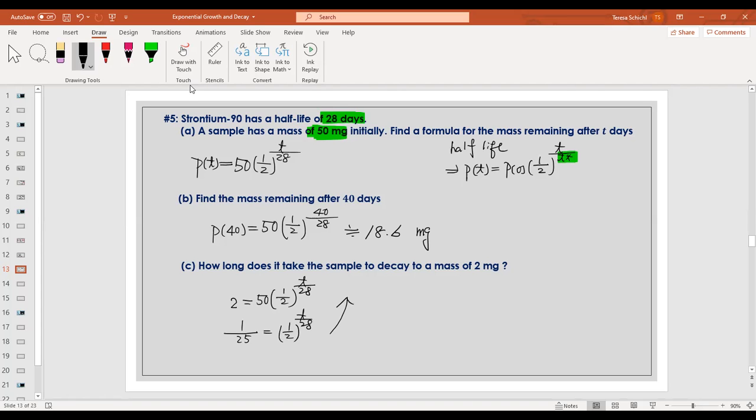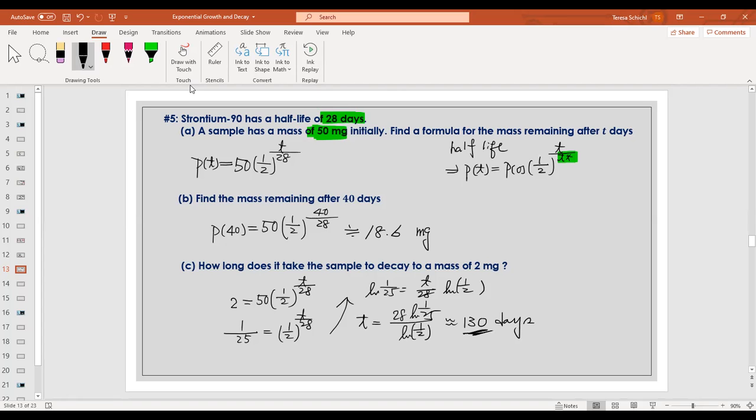Then you can take the natural log of both sides, so the natural log of 1/25 is equal to t over 28 times the natural log of 1/2. So t is equal to 28 times the natural log of 1/25 divided by the natural log of 1/2, right? Okay, good. And now you will find that this is about 130 days.